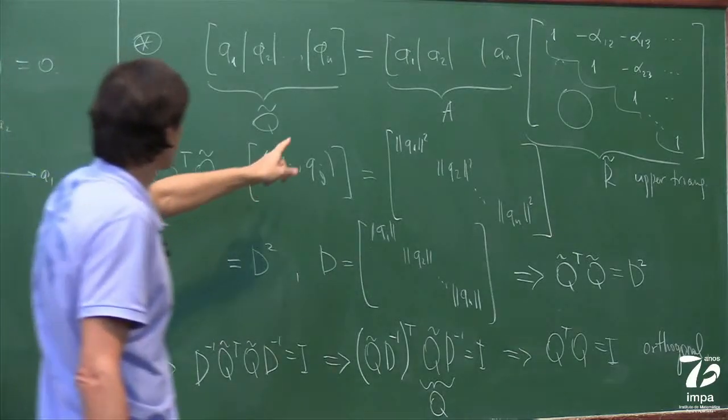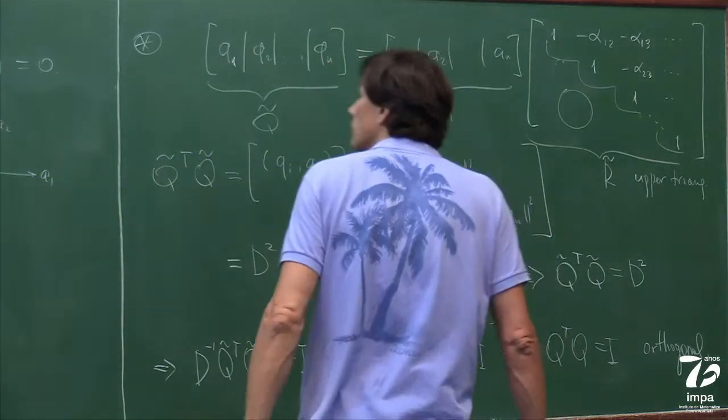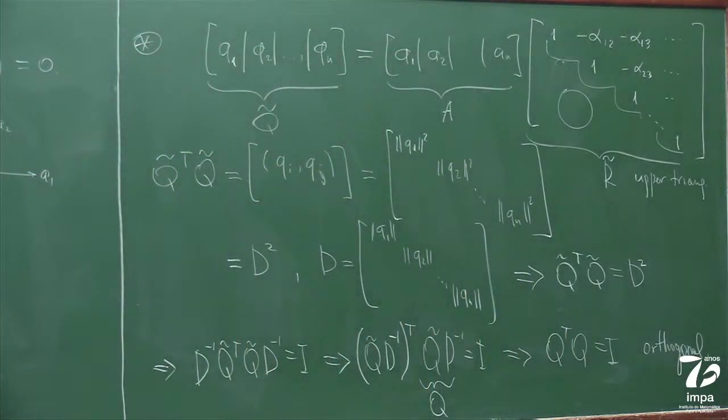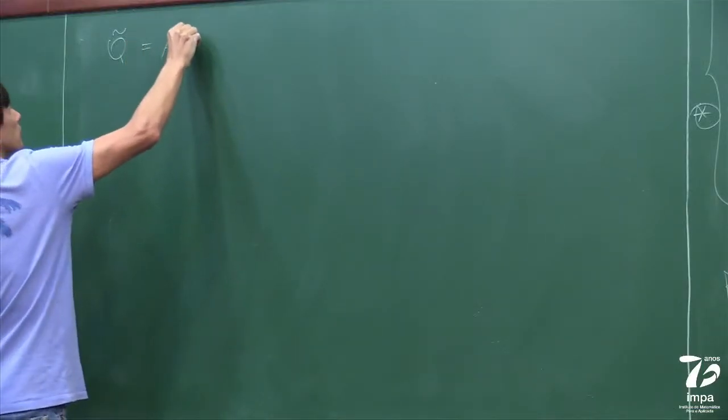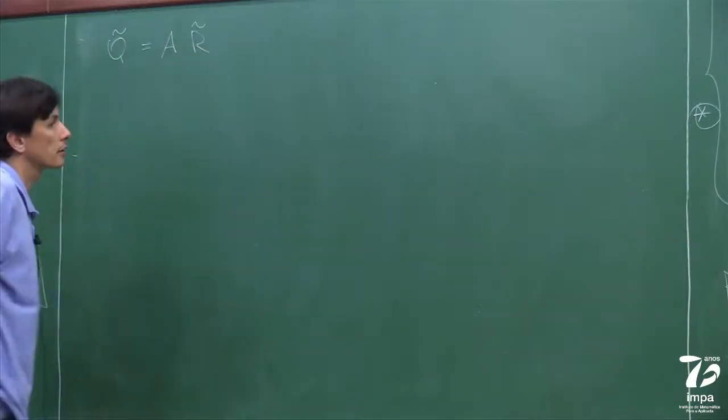So now let's just write this matrix equality in a compact form. It's Q tilde equals A R tilde.